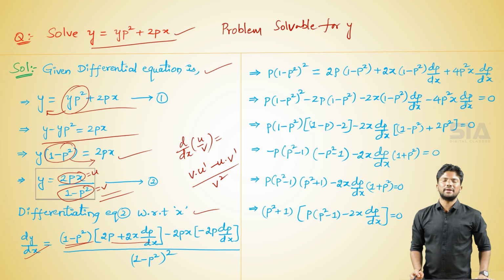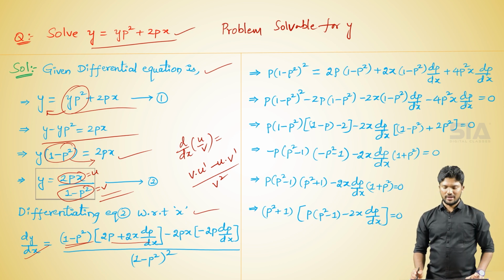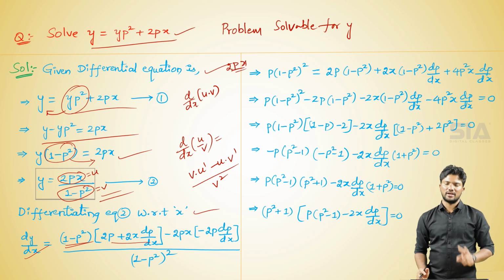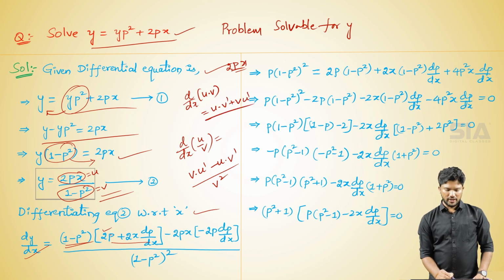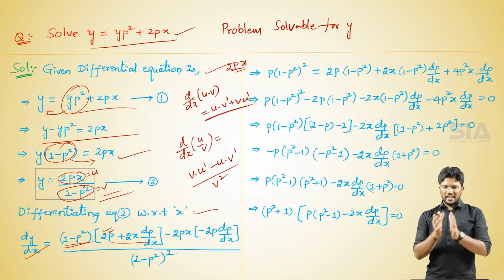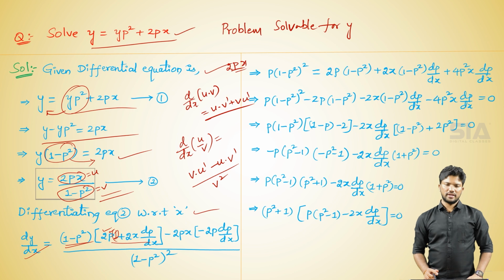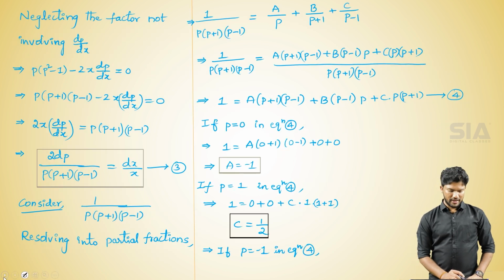U dash means the derivative of 2px. Again, in that u dash you have the u into v formula, because you have 2 into px, where p is one variable and x is one variable. So apply the formula u into v dash plus v into u dash. Therefore 2 into p into dx by dx, which is 1, so 2 into p into 1, plus 2 into x into dp by dx.